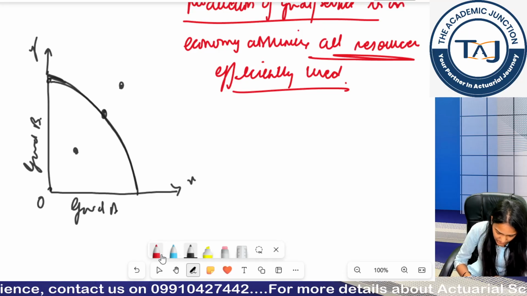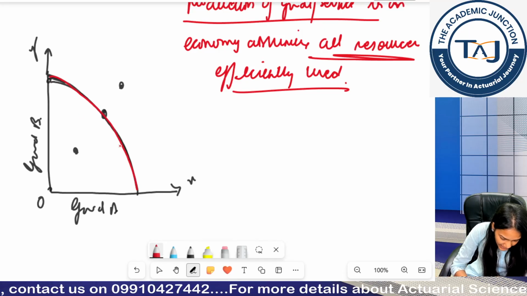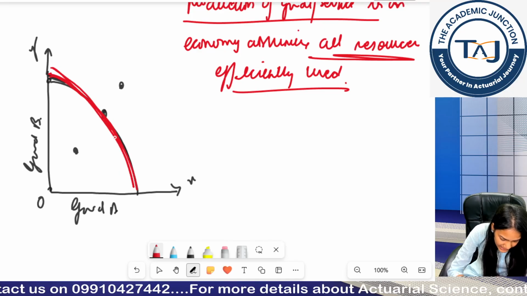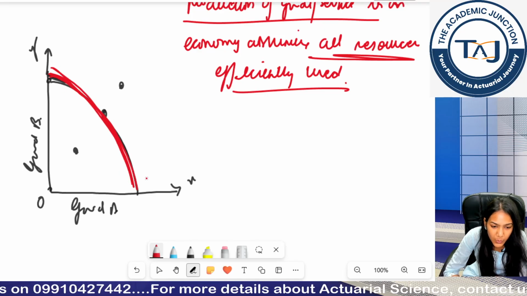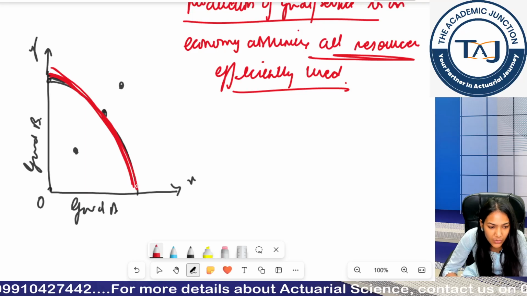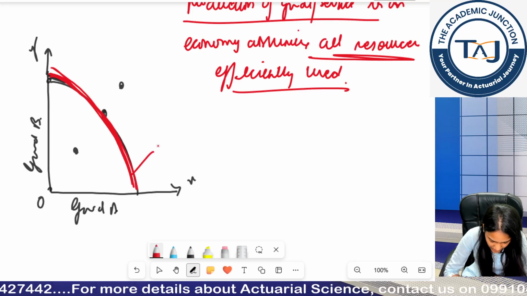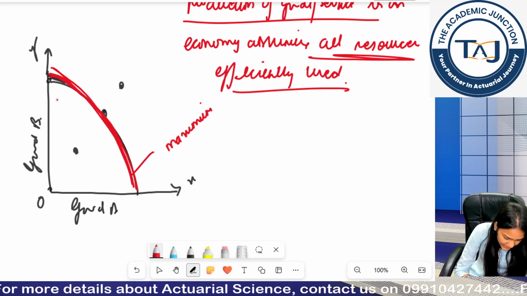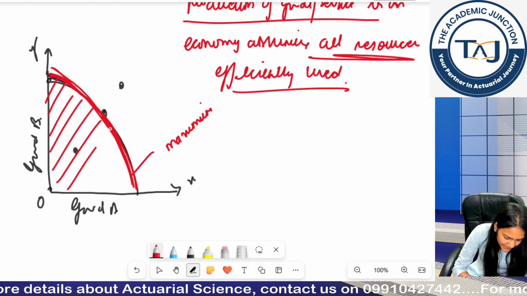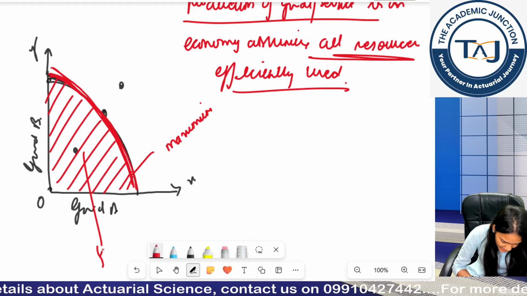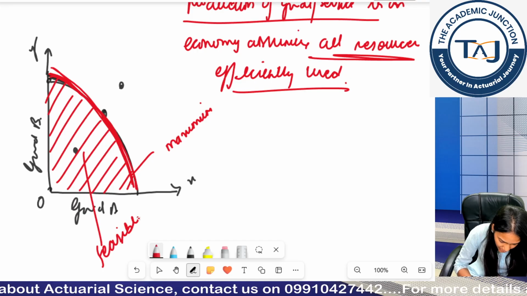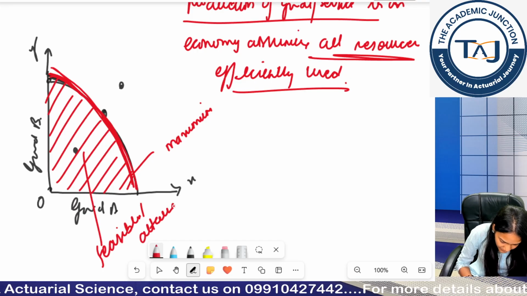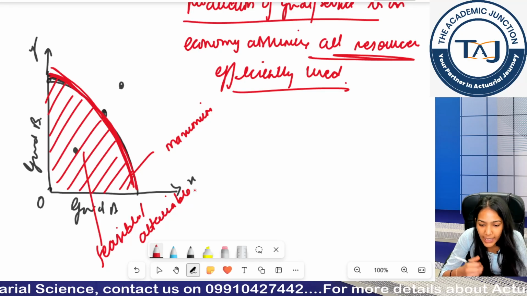So, this is the line. This is the maximum output I can produce with my current resources in the economy. This is my feasible region, as the name suggests, or I can say attainable, which I can attain.